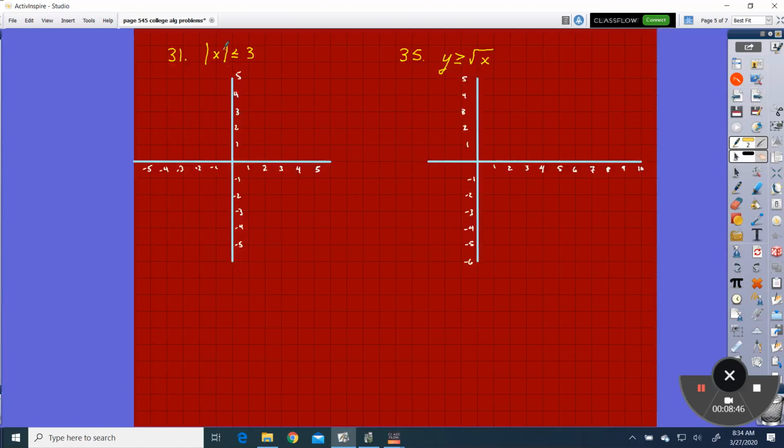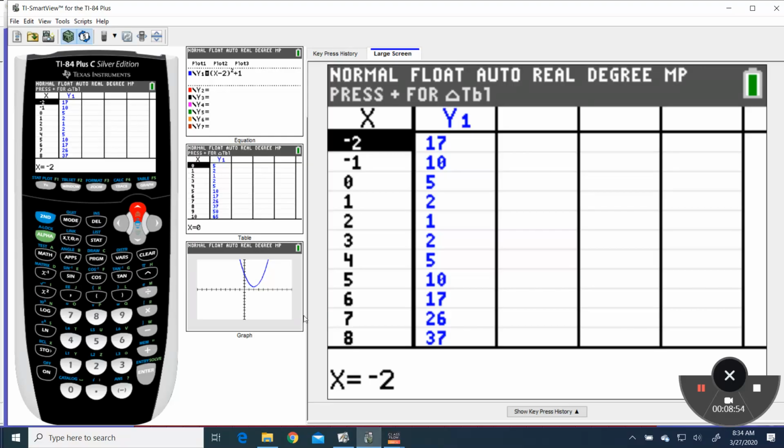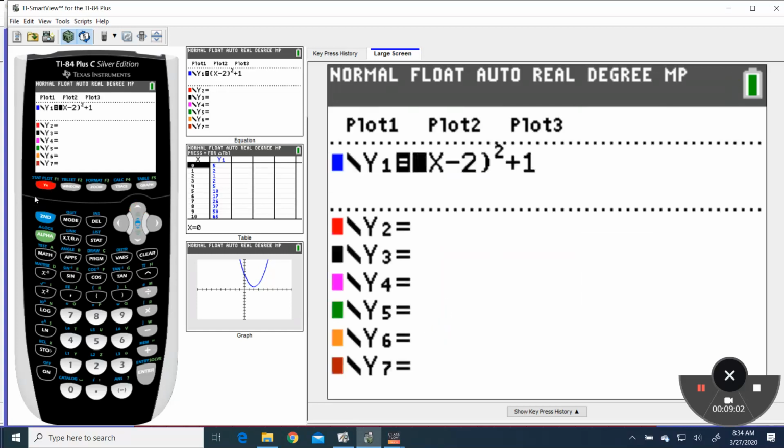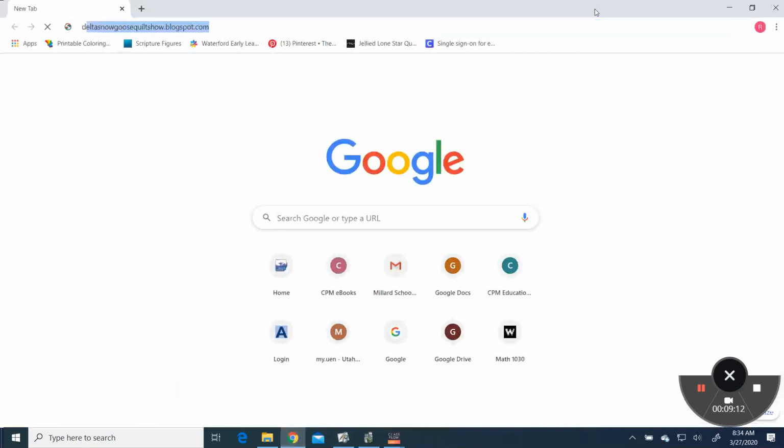All right, the absolute value of x is less than or equal to 3. Okay, you can go to your calculator if you want and just see what x, the absolute value of x. Well, no, you can't do that because you can't do the absolute value of x. So if you want to go to Desmos, you can try Desmos.